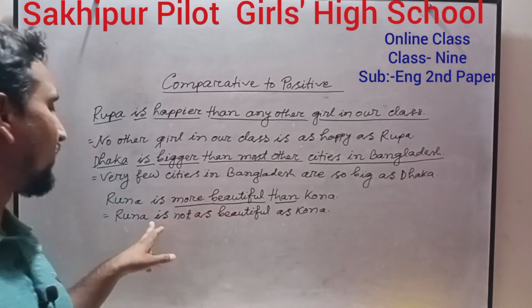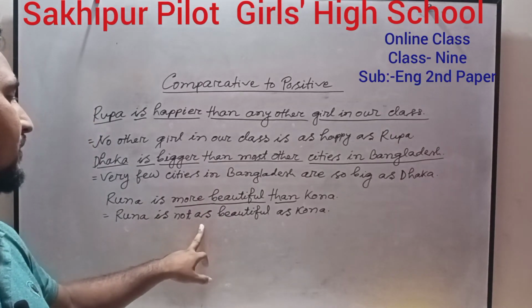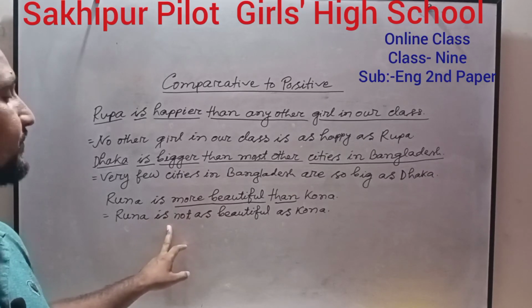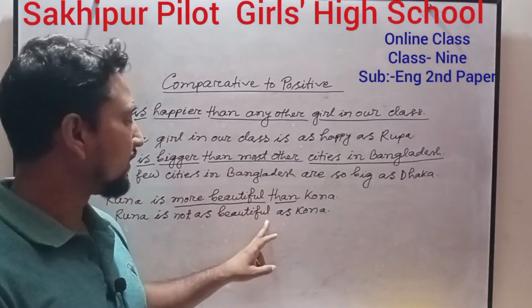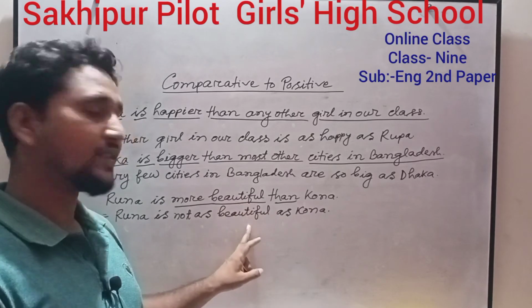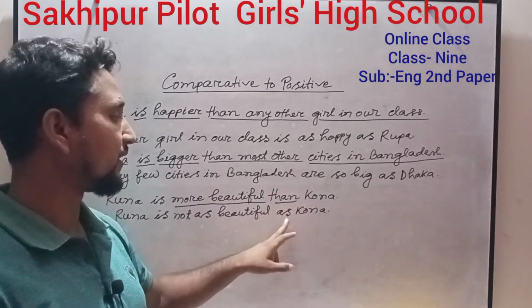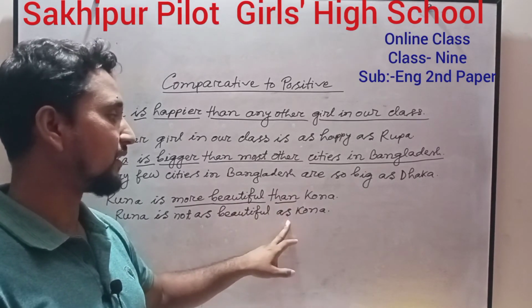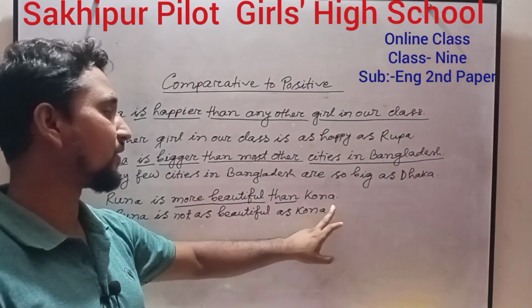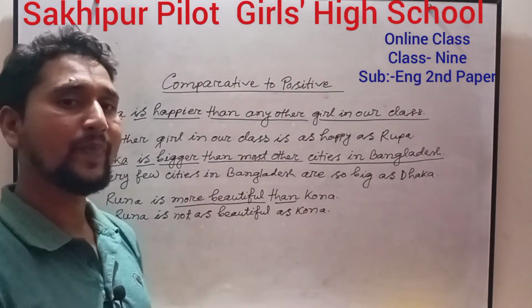So we have to write "not as" after the verb. Then you have to write the positive form of adjective. After that you have to write as instead of than, and at the last you have to write the last noun or pronoun.